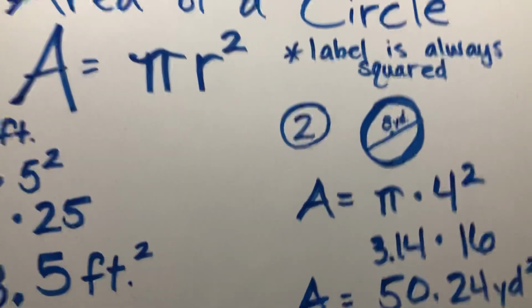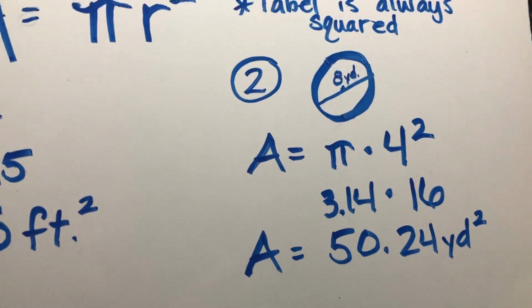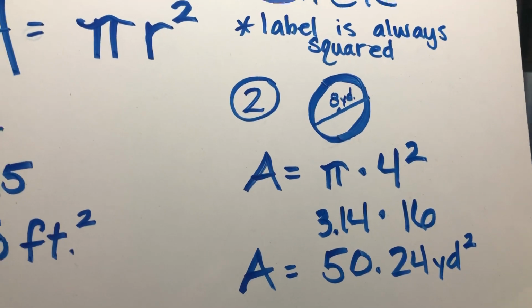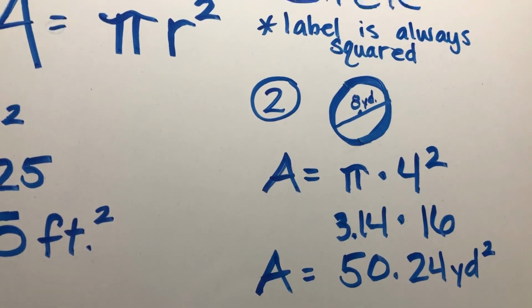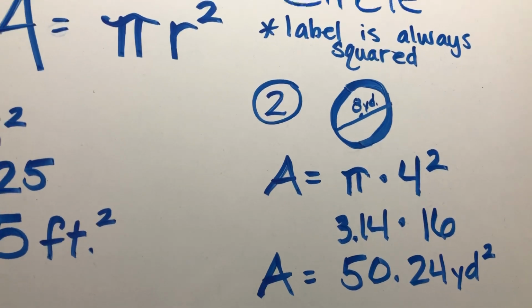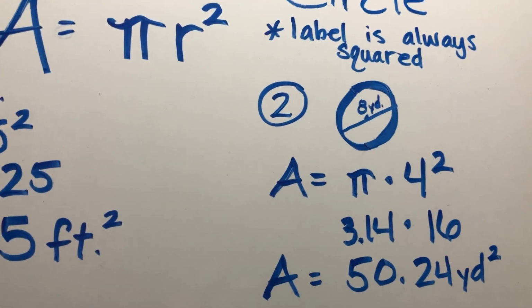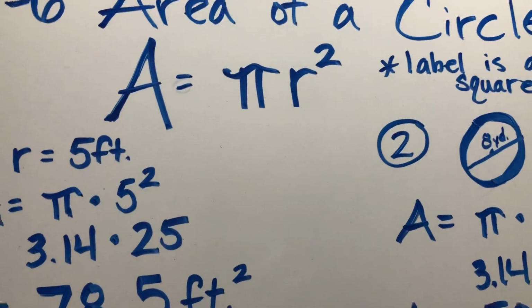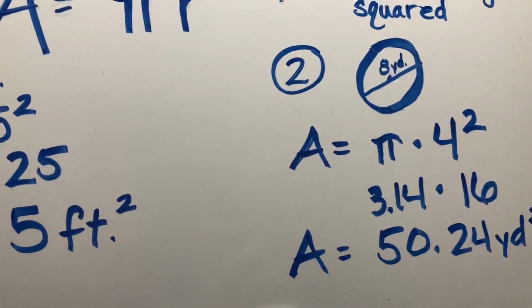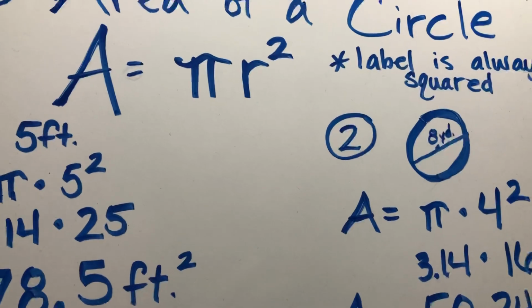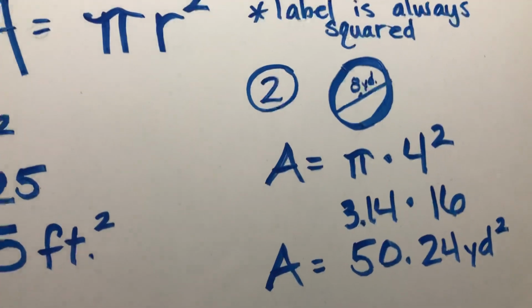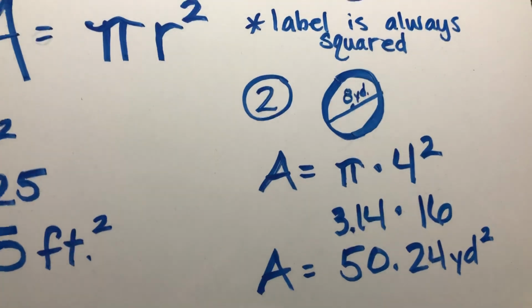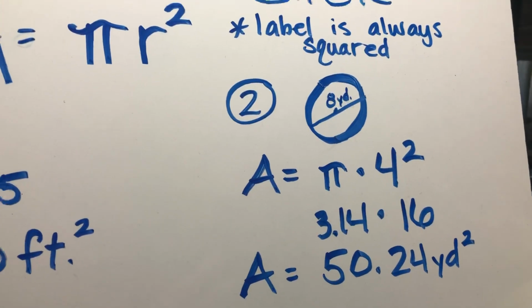Okay, next example. I drew a circle for you and I gave you a diameter. Diameter goes from edge, hits the center, and goes out to the other edge. Your formula is for a radius, but I gave you a diameter. The radius is half of the diameter, so I have to cut 8 in half.